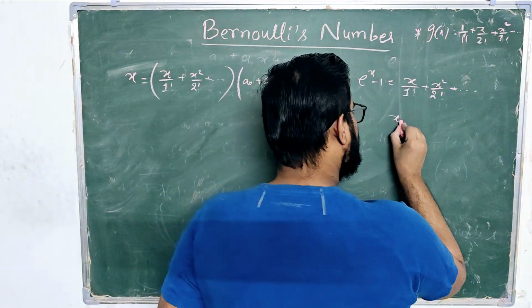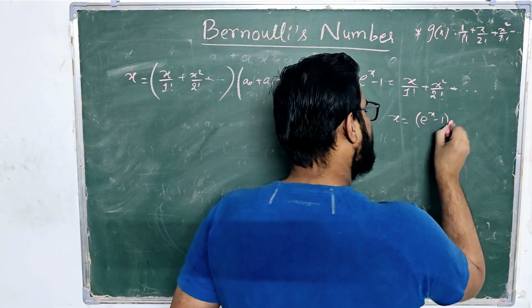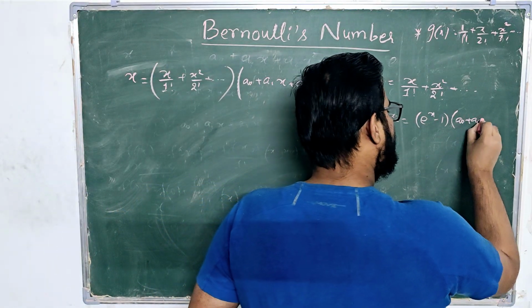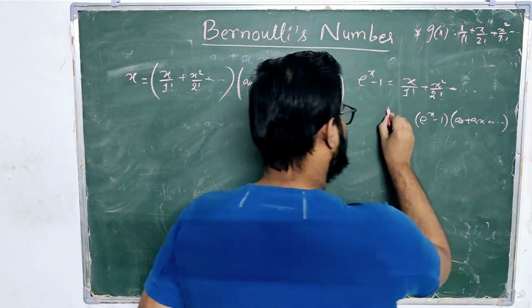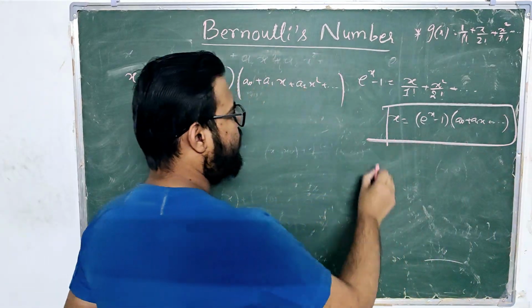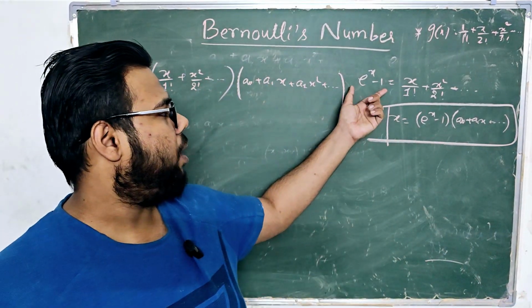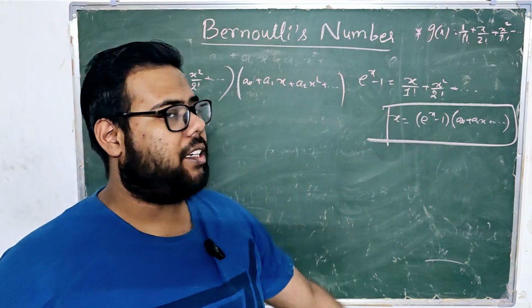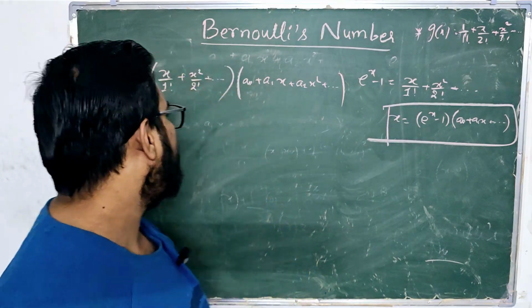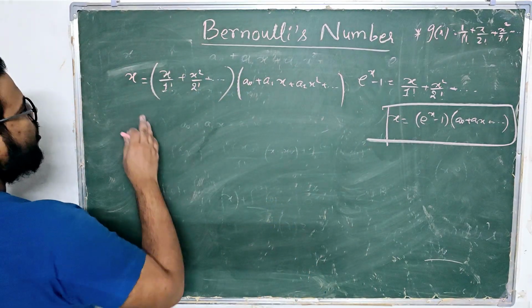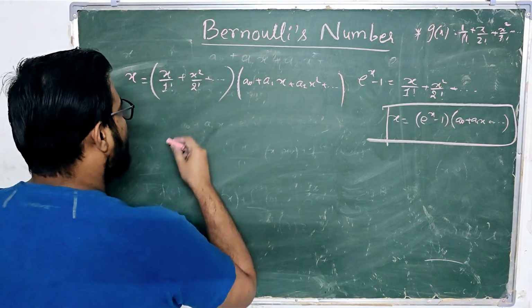The original expression was x is equal to e raised to power x minus 1 times a naught plus a1 x and so on till infinity. So I have just written the Maclaurin form of e raised to power x minus 1. Okay, right. So we have this expression. Now let's multiply all this stuff.